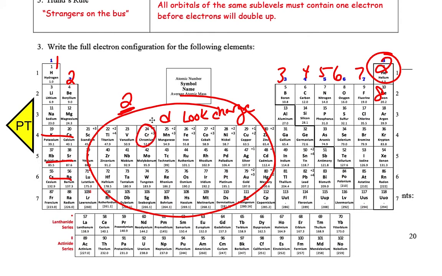So if I picked chromium, chromium would have 2, but chromium does weird things. It doesn't always follow the rules, so chromium could make a 2 or a 3 charge. And finally, these guys, tin and lead. They do have 2 and 4 valence electrons sometimes, and you can see by the charge.